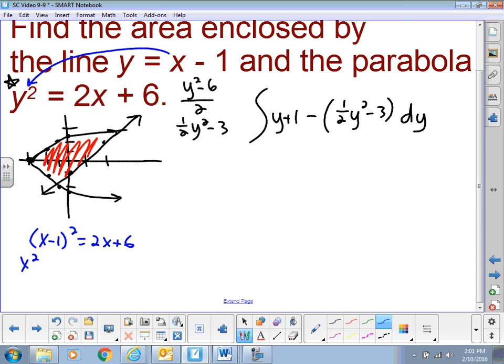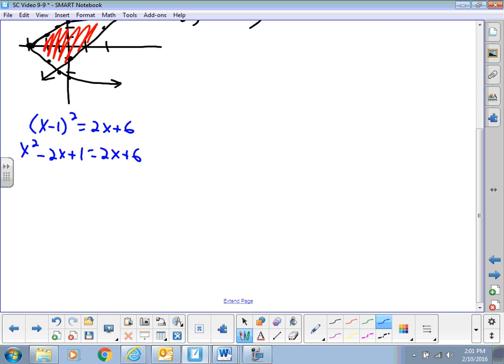This will give us x squared minus 2x plus 1 equals 2x plus 6. Get everything on one side. We'll have x squared minus 4x minus 5 equals 0. We'll get x minus 5 and x plus 1. So we'll get x is 5 and x is negative 1.